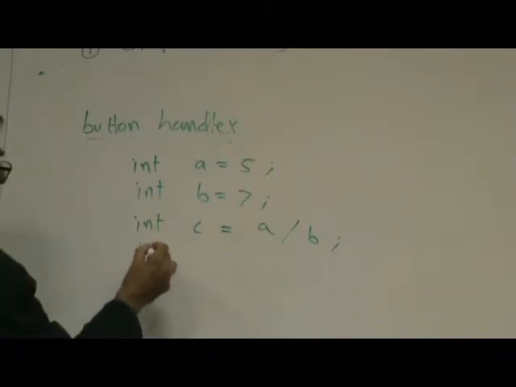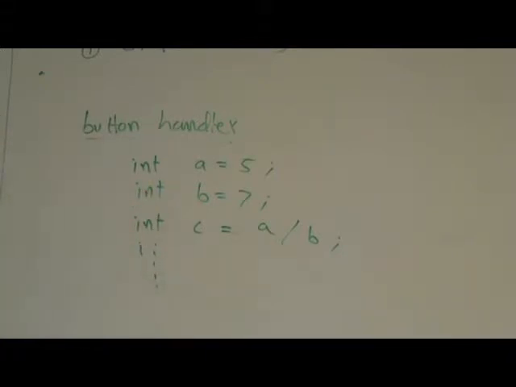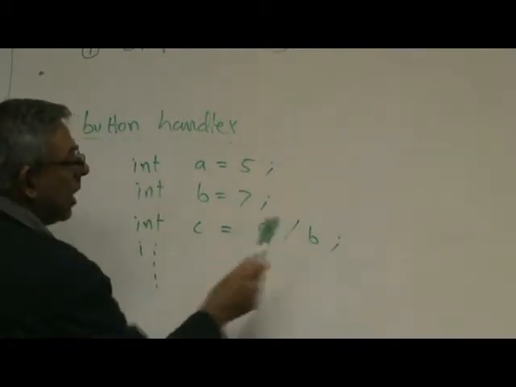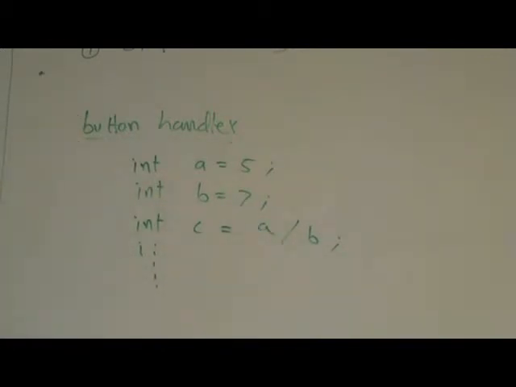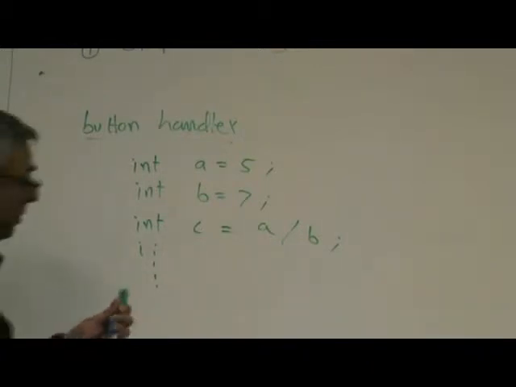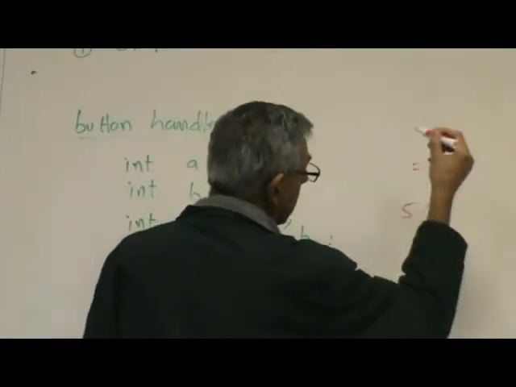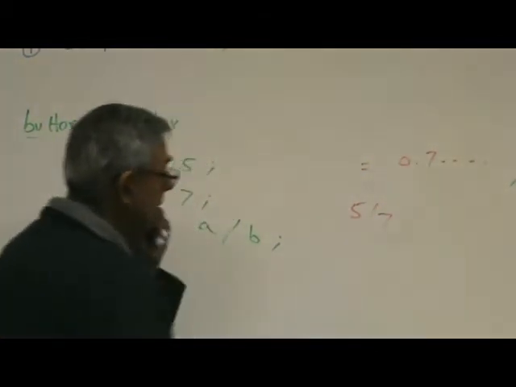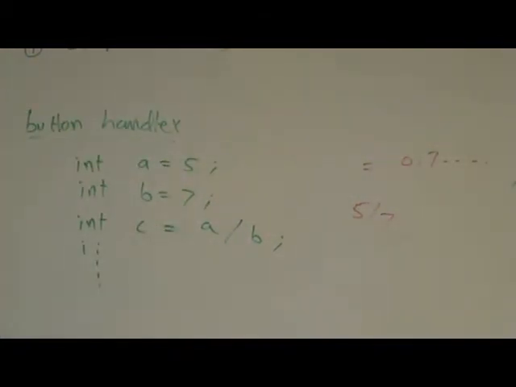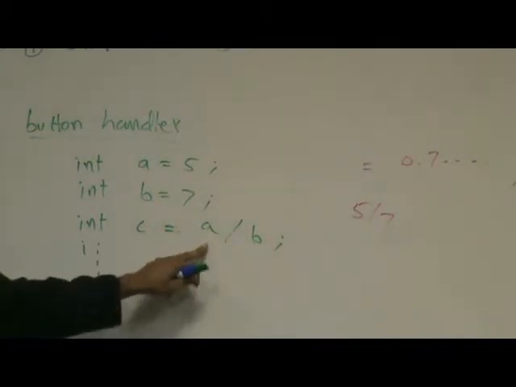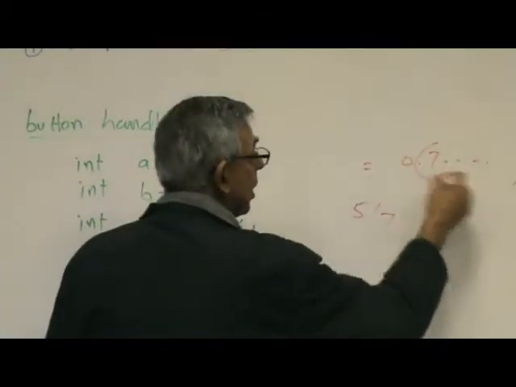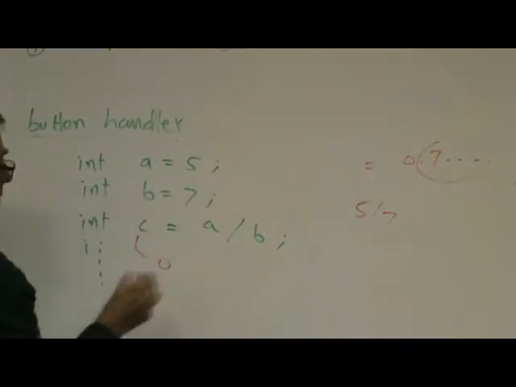And then suppose you were displaying the result. First of all, keep in mind both in C# and Java, if both the data types that you are doing a division on are integers, it will do an integer division. What is an integer division? In this case, it will do 5/7, whatever that answer is, 0.7 something, right? Because both of them are integers, it will truncate the decimal part and it will produce an answer of 0.